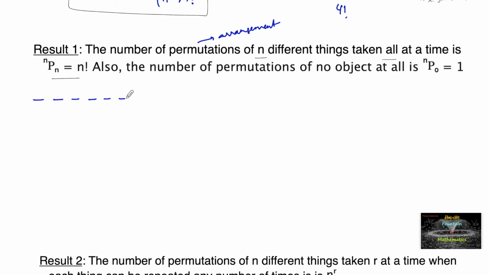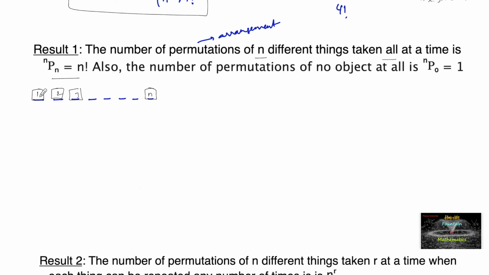So you need to fill up all the n boxes. Say this is first box, this is second box and third box, and so on, this is the nth box. So all these n boxes must be filled because all n objects are taken at a time.